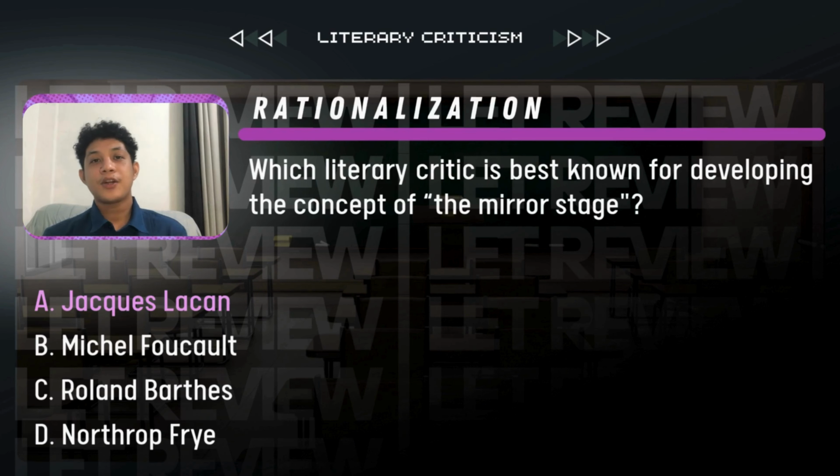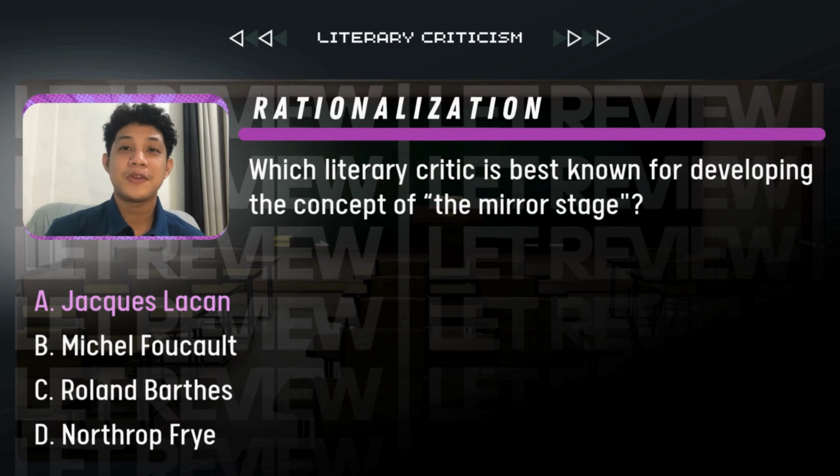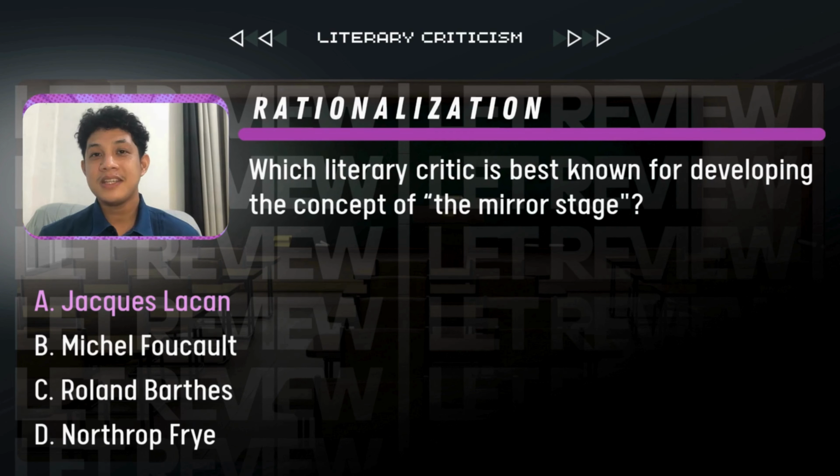Alright, time's up. The correct answer for this is A, Jacques Lacan. So, why do you think the answer is letter A? Because Lacan is the one who introduced the mirror stage to explain identity formation in psychoanalytic theory. The other choices are incorrect because letter B, Michel Foucault, focused on discourse and power structures, and letter C, Roland Barthes, worked on semiotics and structuralism, and also the death of the author.